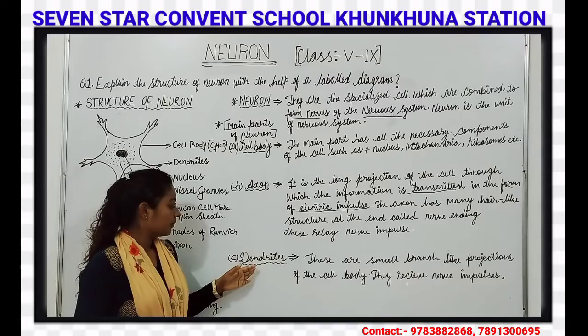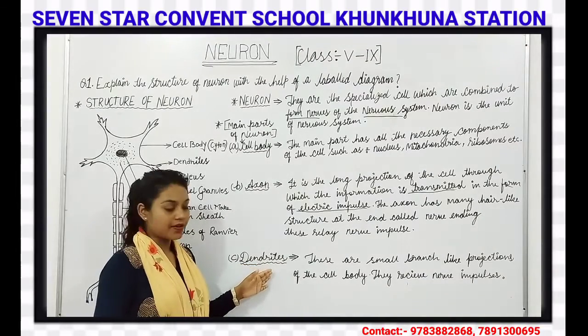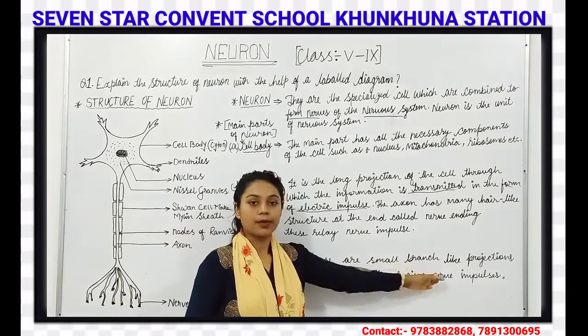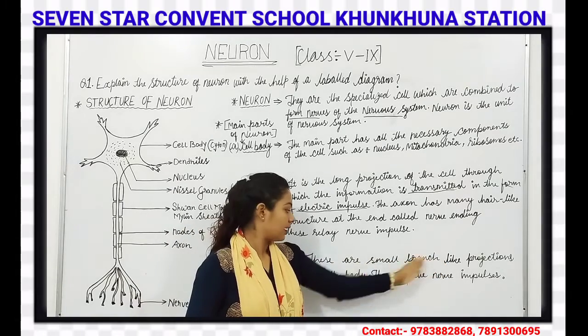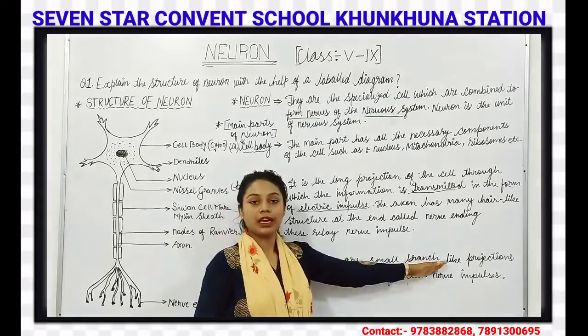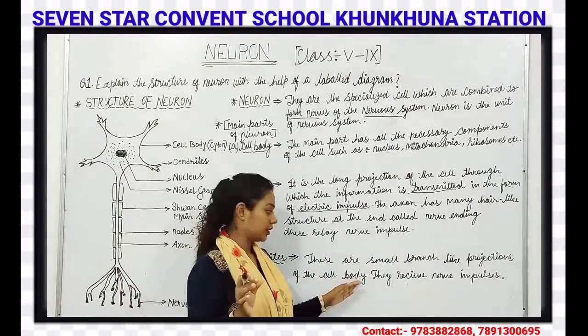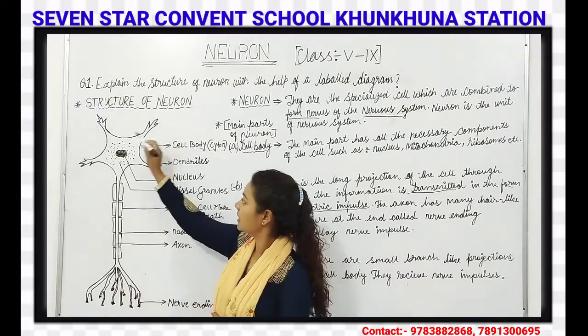Number C is the dendrite. Dendrites are small branch-like projections of the cell body, which you can see here.